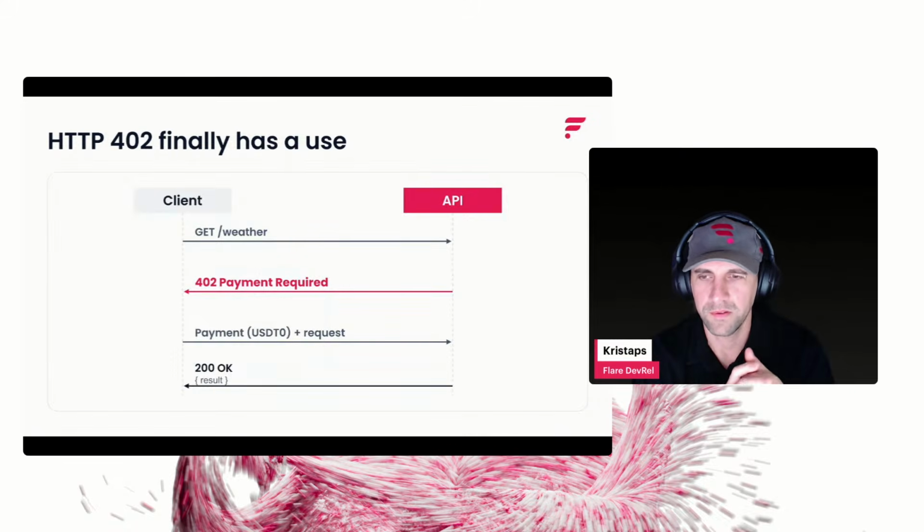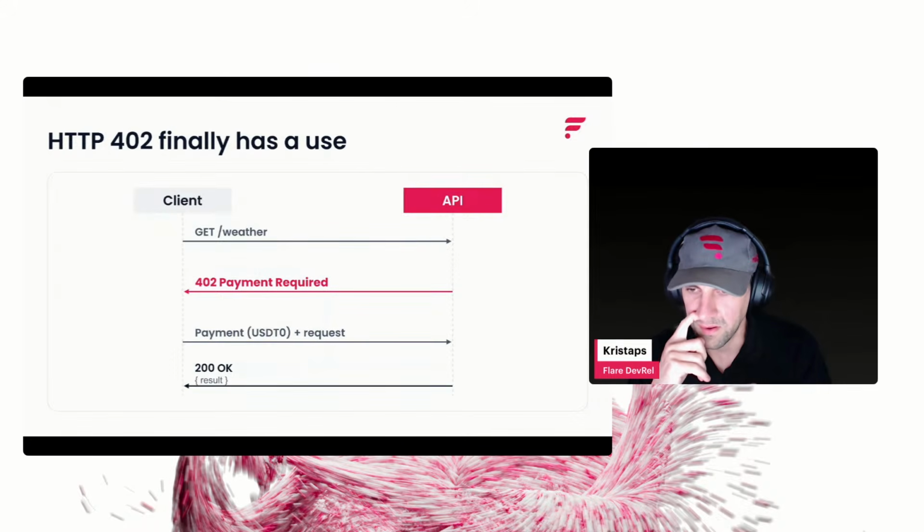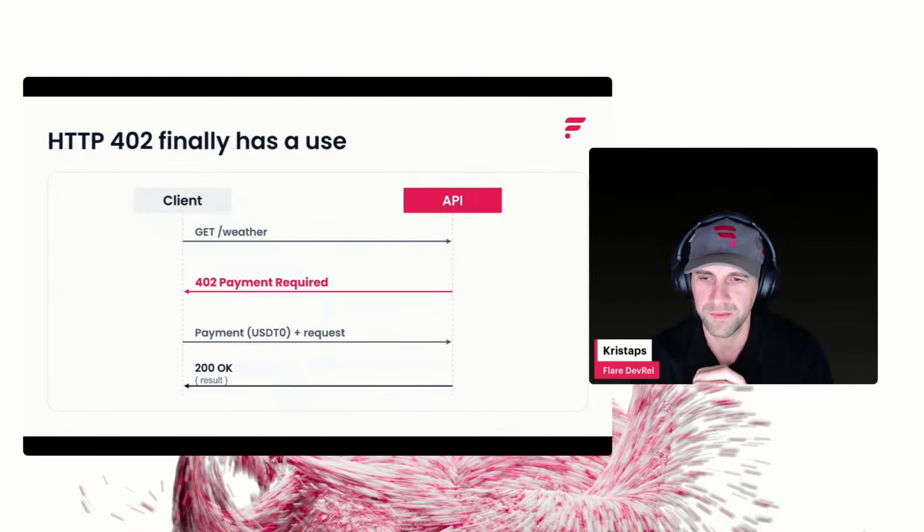Then there is a payment on Flare, and in this example we will check USDT0, which is a USDT stablecoin, plus the request of what we want to do. And then the API sends back the result because the payment was made.